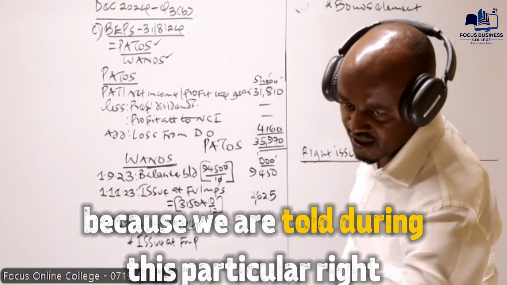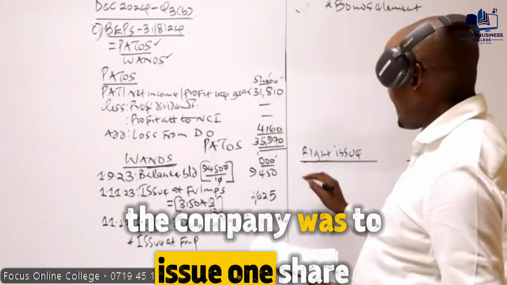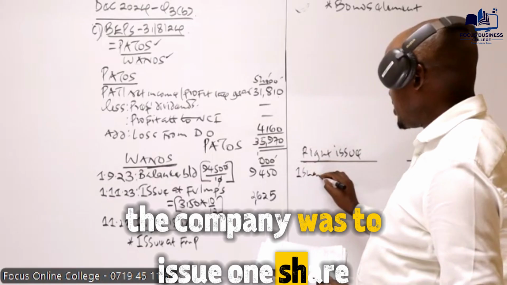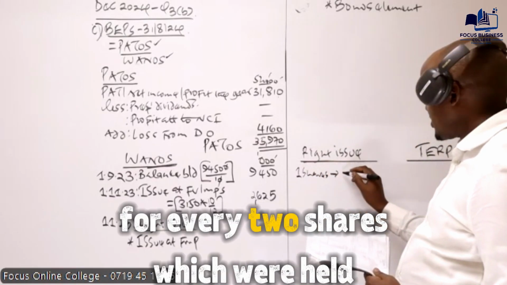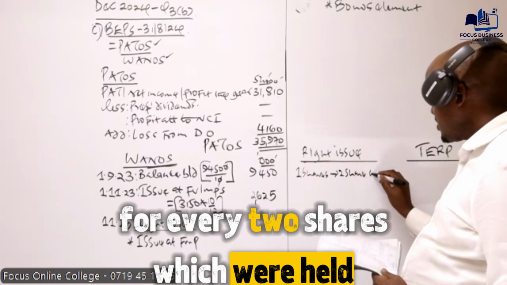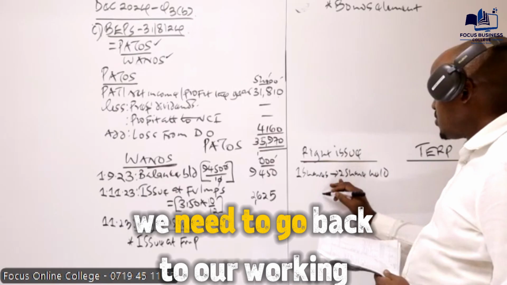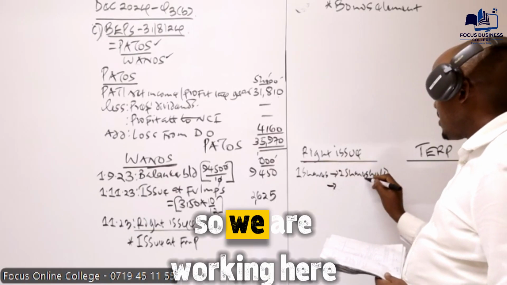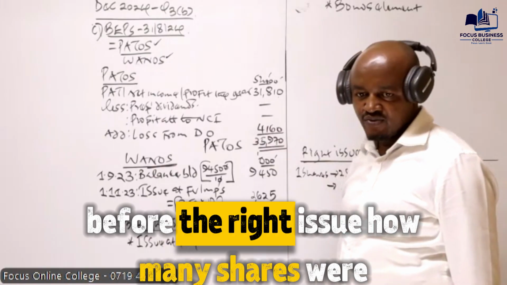Because we are told during this particular rights issue, the company was to issue 1 share for every 2 shares which were held. Now, in this case, we need to go back to our working here, and determine how many shares were held before the rights issue.